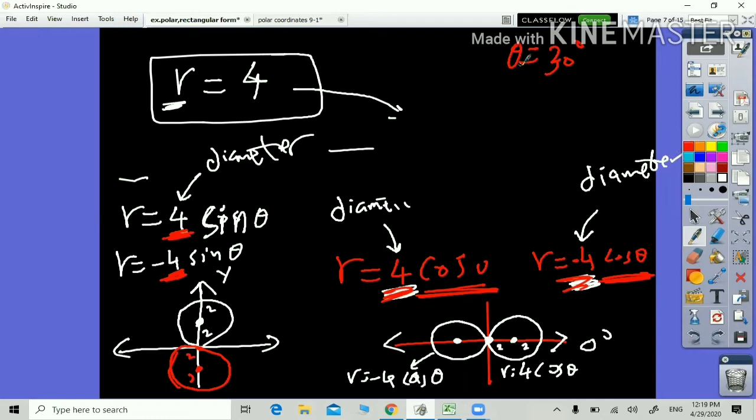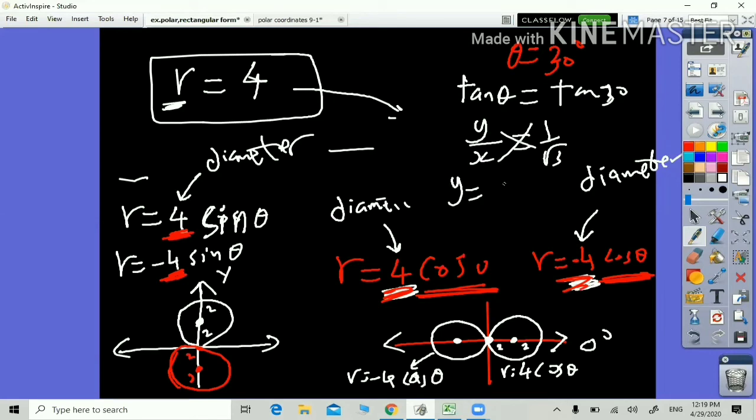We said we'll take the tangent of both sides. tan theta equals tan 30. tan theta means y over x equals tan 30, and if you use the calculator, tan 30 gives you 1 over root 3. Cross multiply, so y equals 1 over root 3 times x.